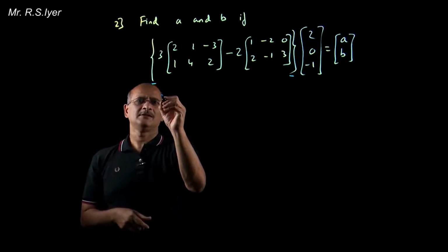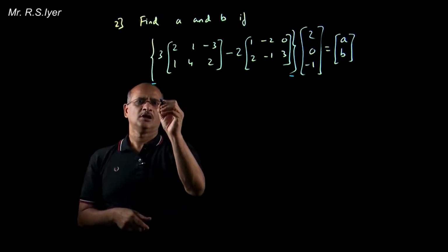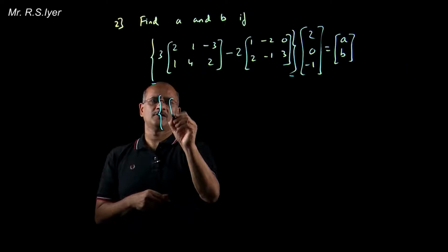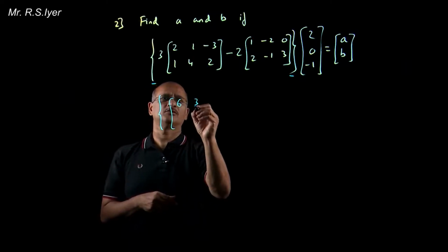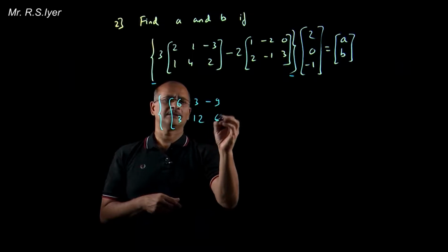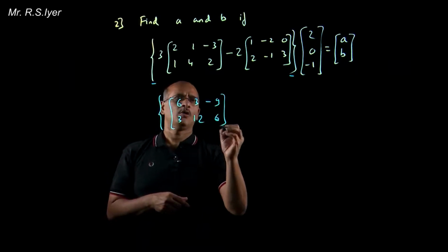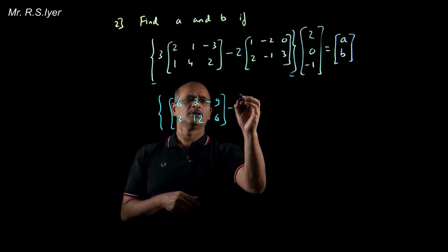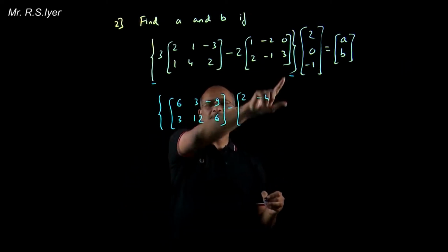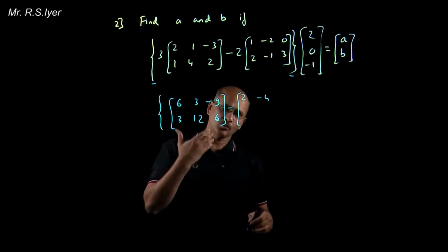I can just put across the bracket so that it becomes clear. If I take this matrix here, it will become 3 2s are 6, 3 minus 9, 3 4s are 12, 6. Finally, what happens here: minus, this will become 2 minus 4. Don't drop the minus sign, there might be a possibility that you go wrong.